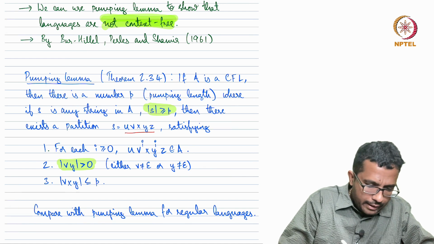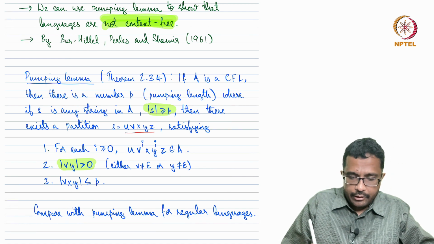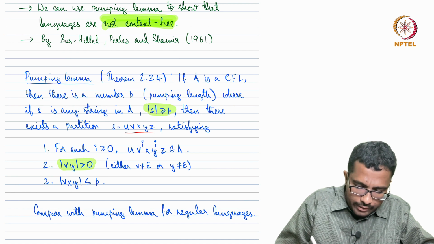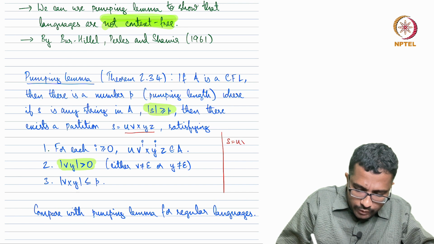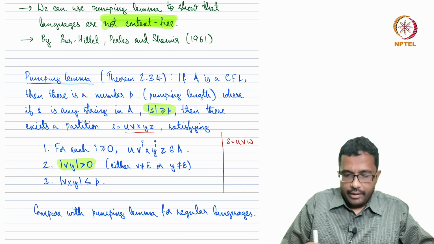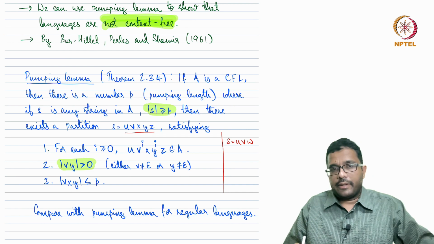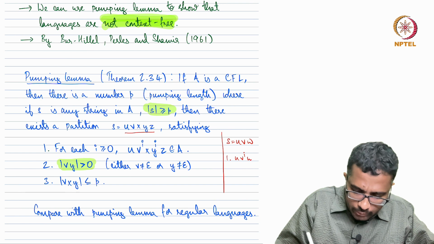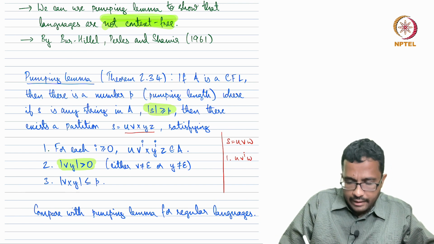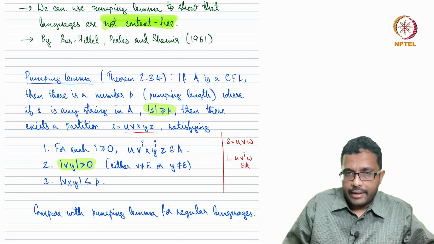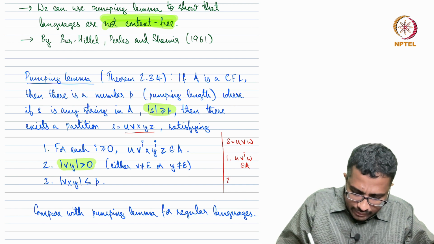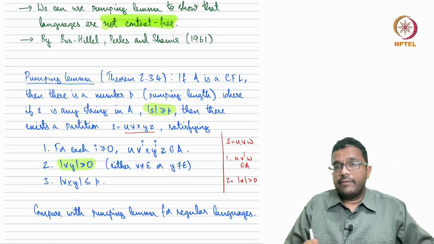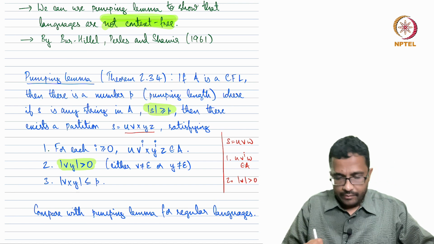Let's contrast them with the conditions of the pumping lemma for regular languages. In the case of regular languages, we partitioned S into 3 parts, not 5 parts. Condition 1 was that U, V power I, W is in A, for all I. Condition 2 was that the length of V was strictly greater than 0, meaning V was not an empty string.